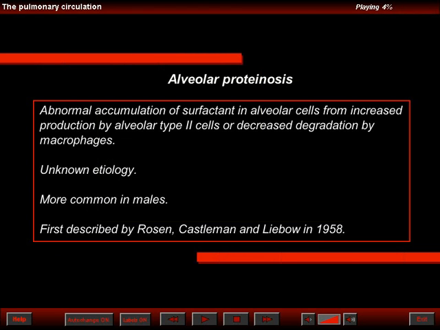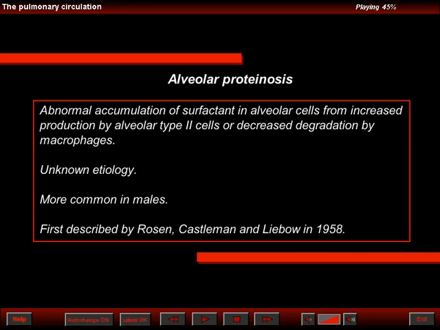Pulmonary alveolar proteinosis is a syndrome where we see abnormal accumulation of an eosinophilic material which represents surfactant that fills the alveoli. We note increased production of alveolar pneumonocytes type 2 cells, or decreased degradation of the surfactant by the macrophages.